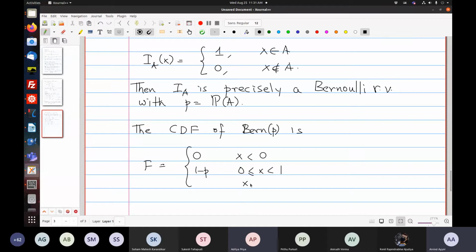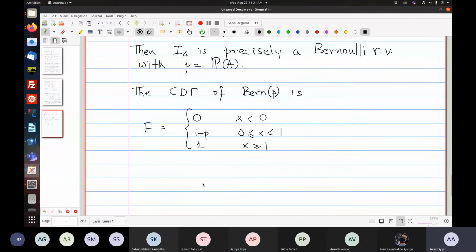And if x is greater than or equal to 1, then the value will be 1. Exactly. It's a bit unfortunate, but in the CDF, the value that appears will be 1 minus p, not p. So again, let me plot it quickly.